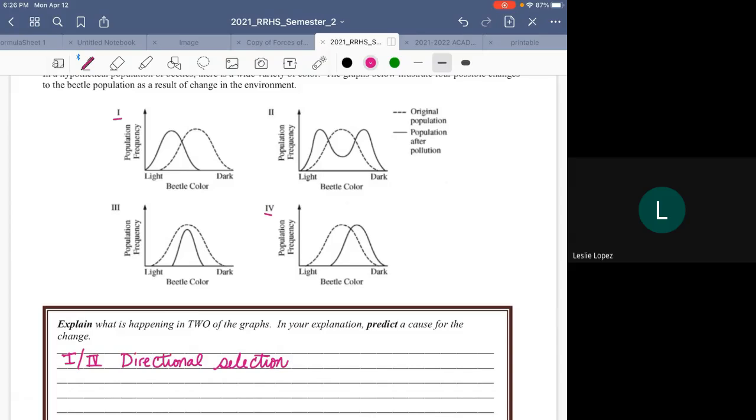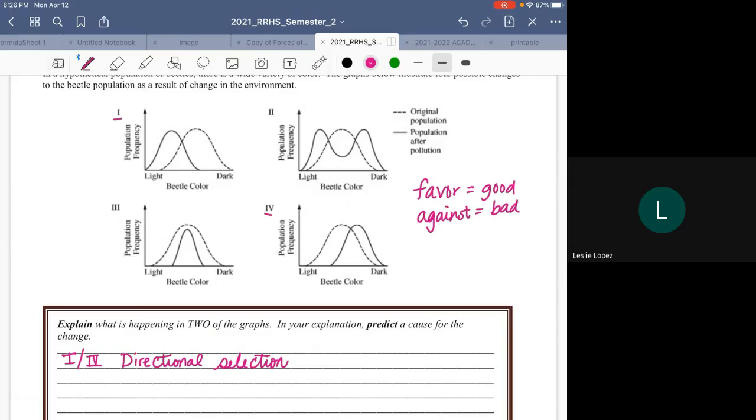Now, when we explain this process of directional selection, we're going to be talking about whether or not natural selection is acting in favor of a trait, which means it's good, or is it acting against a trait, which means the bad side.